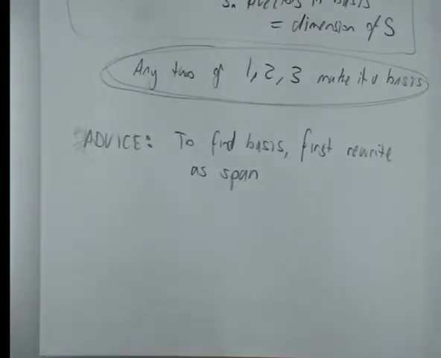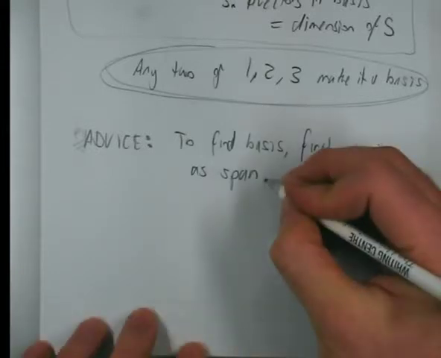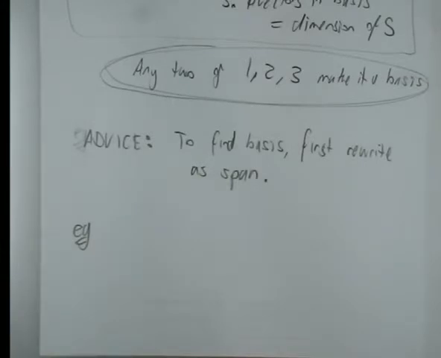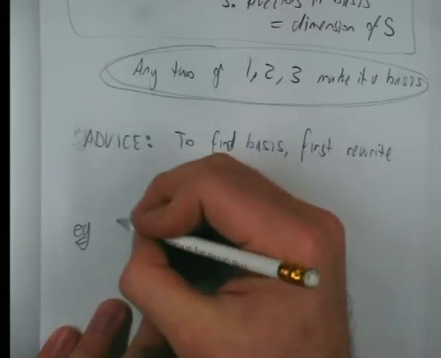So that method that I had before of rewriting something as a span, if that's the situation you're in, and you can look at it and go, oh, I could rewrite that as a span by just doing some basic algebra, then do that first. Write it as a span first. And if it's already a span, awesome. So I'm going to start with one that's already a span.